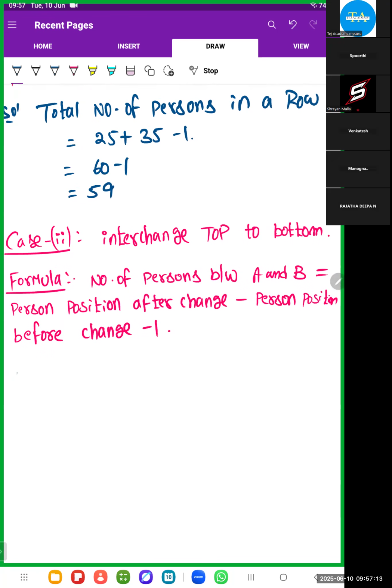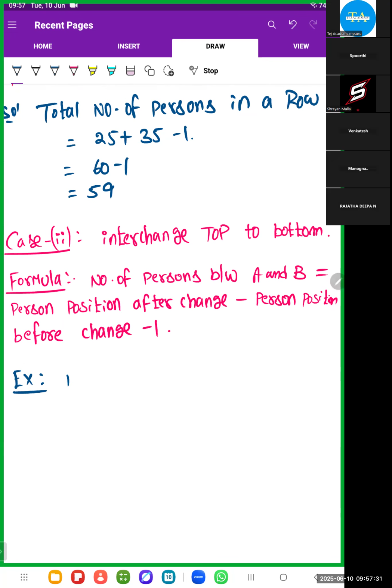Let me take an example, considering the previous example.